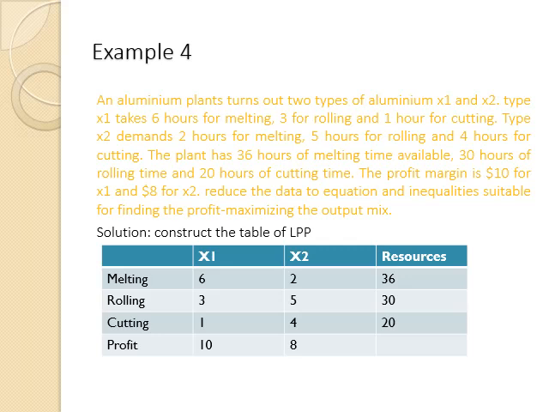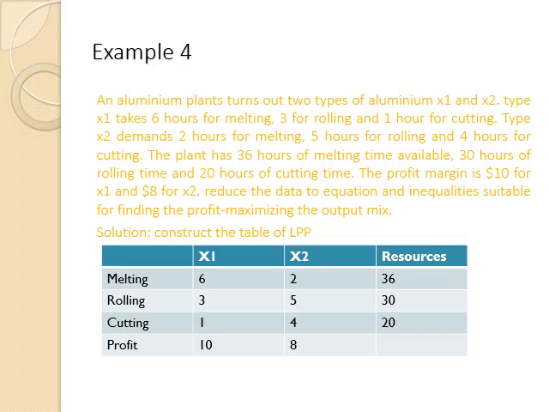Now, x1 takes 6 hours for melting and 3 hours for rolling and 1 hour for cutting, while x2 demands 2 hours for melting, 5 hours for rolling, and 4 hours for cutting. Now, let's check our available time for this plant or company.